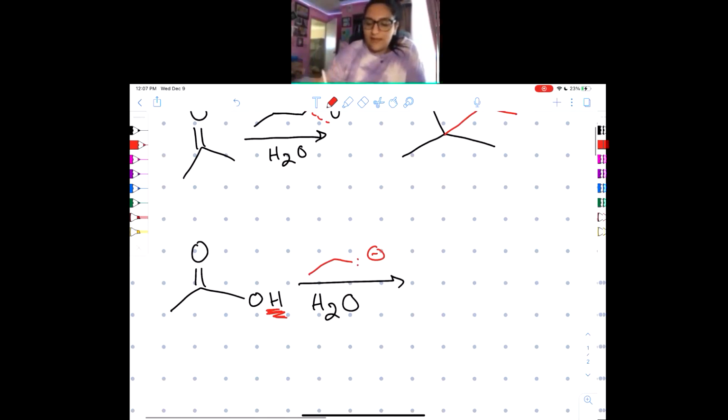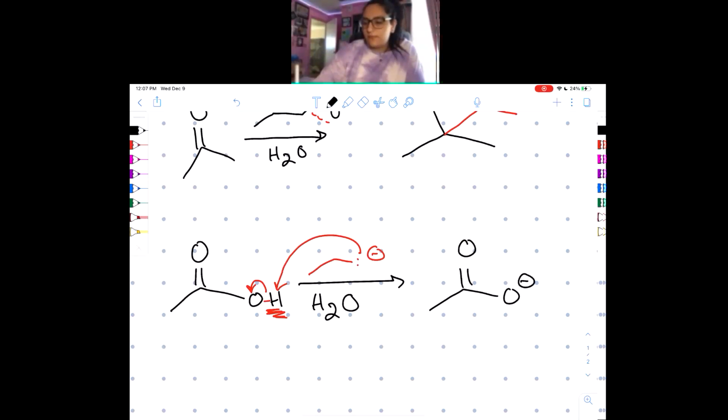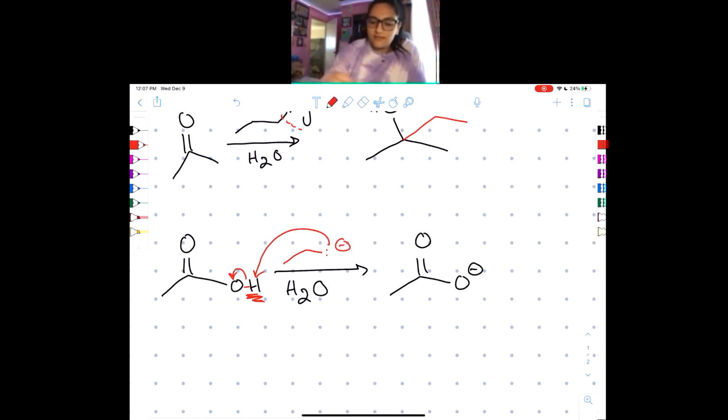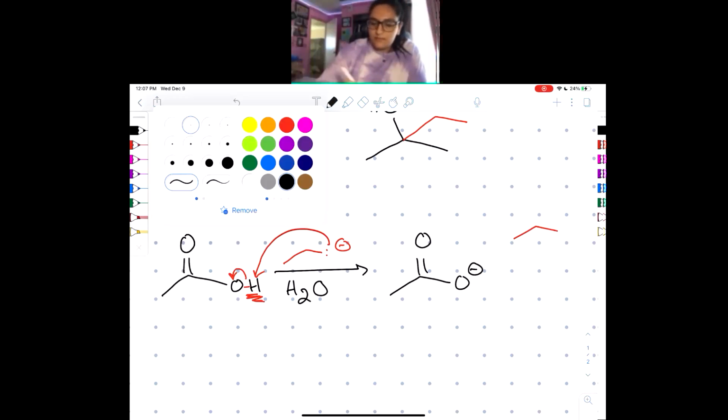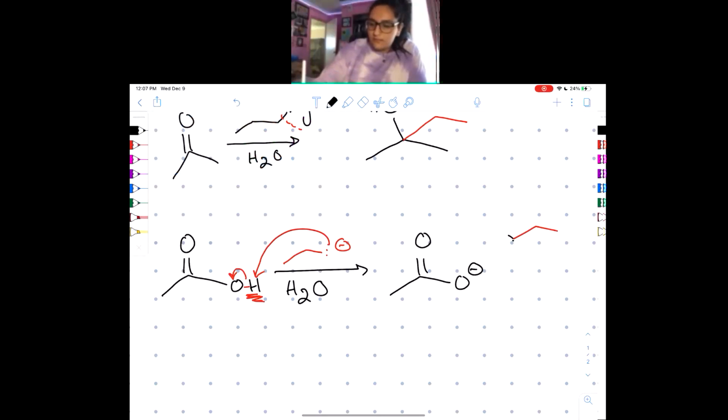So what we mean by that is this will steal a hydrogen and give those electrons here, and we would get this and this, right?